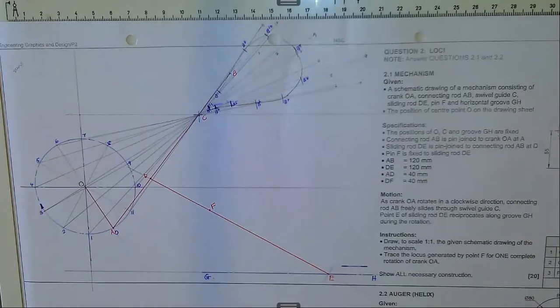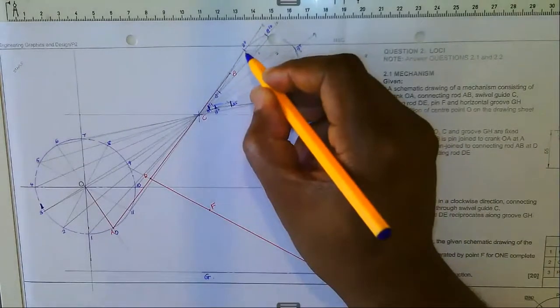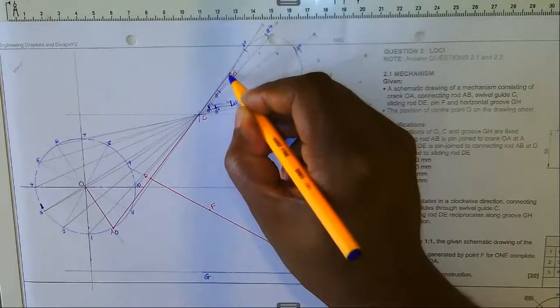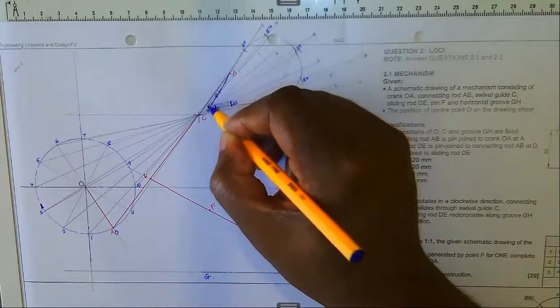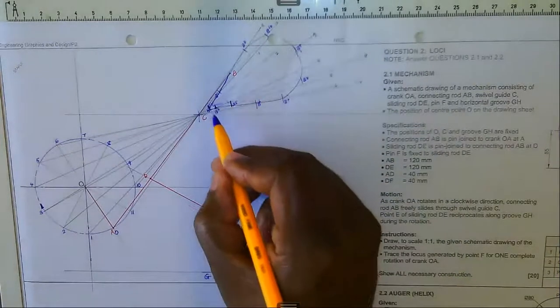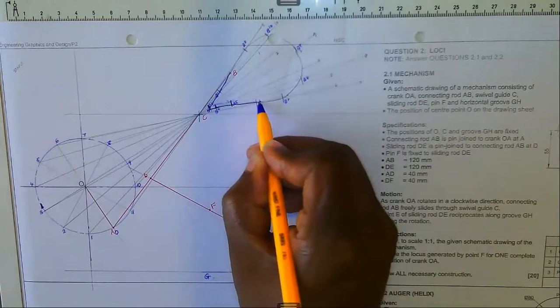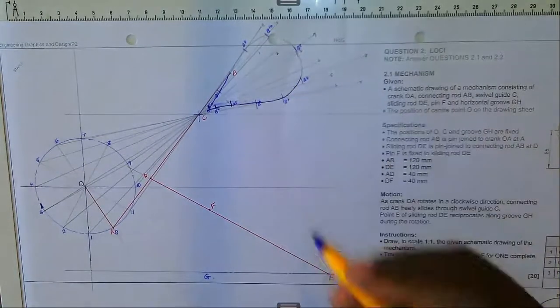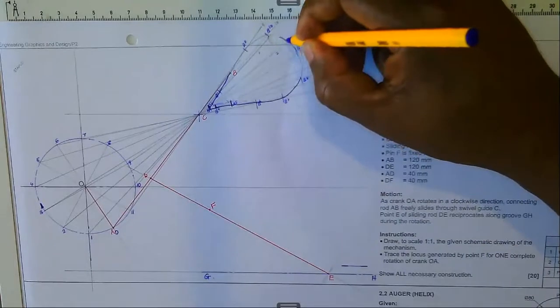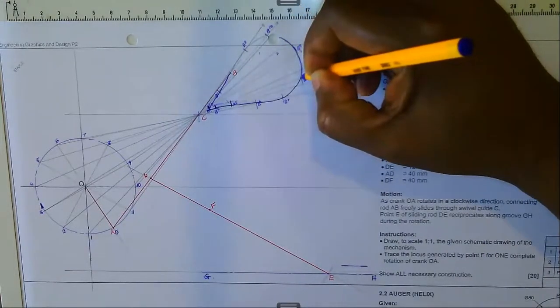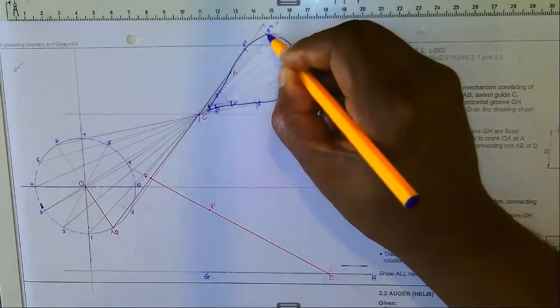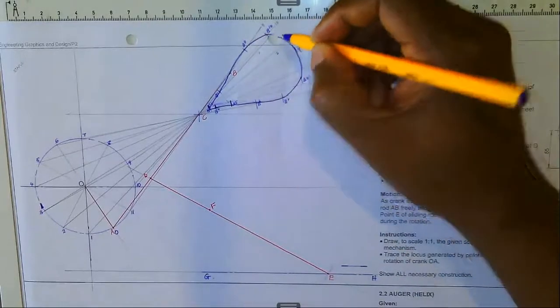As I said, this one is not required, but it's important that we have an understanding of the locus followed by point B. So you can now outline this. Like that.